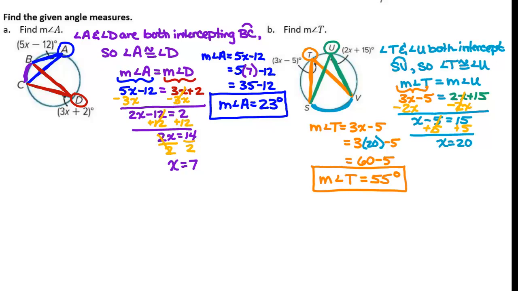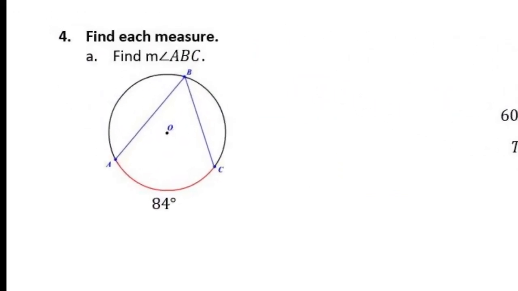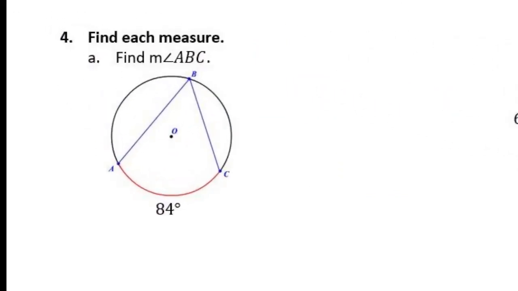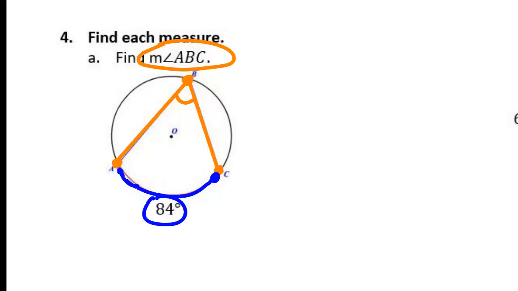Let's look at number 4. Number 4, they want me to find the measurement of angle ABC. Well, here's A, here's B, and here's C. So angle ABC is this angle right here. What do I know about the relationship between the arc and the angle?